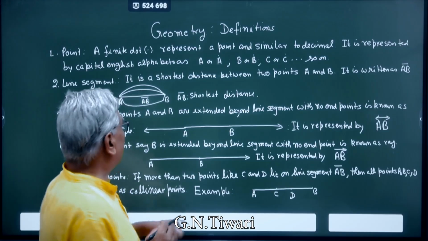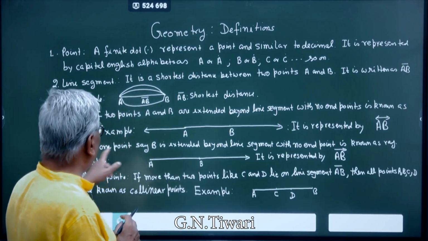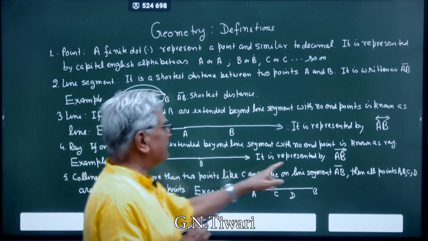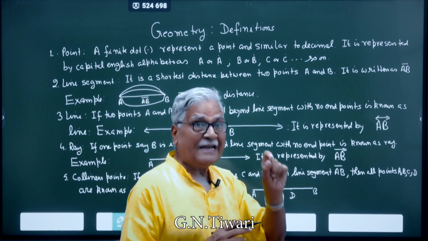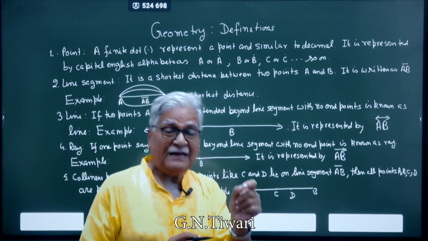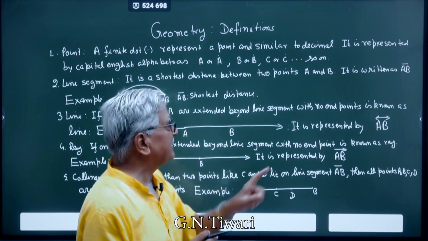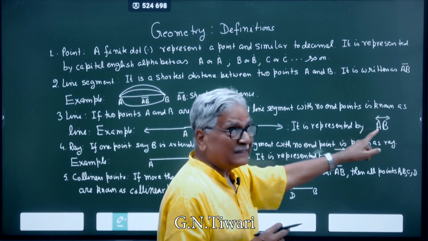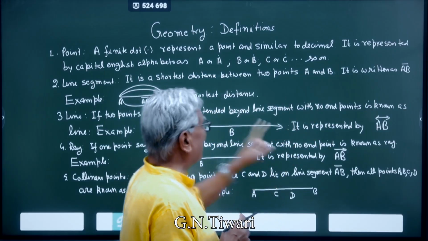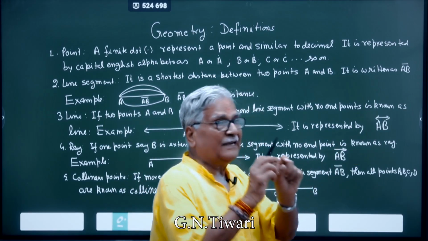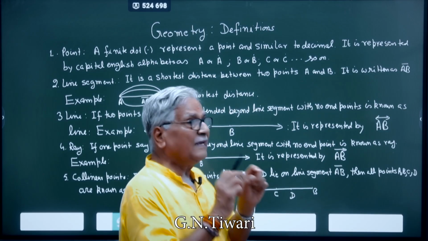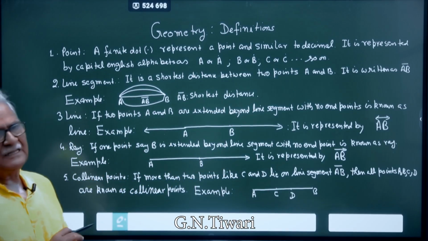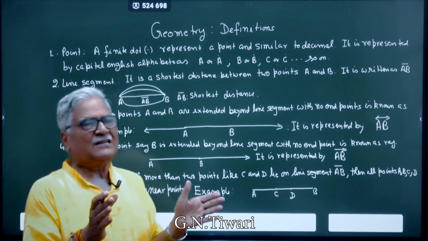But if you go for the ray, if one point, say B, is extended up to infinity, it is represented by AB with an arrow from A to B, not from B to A. This is very, very important. The line segment is represented by a bar. When you go for a line, the arrow should be at both ends, and for the ray the arrow should be at one end.